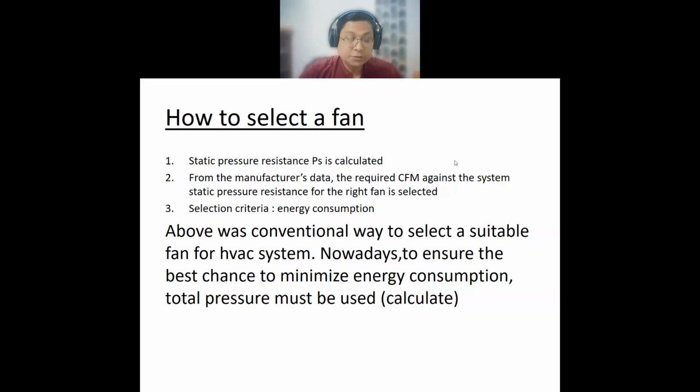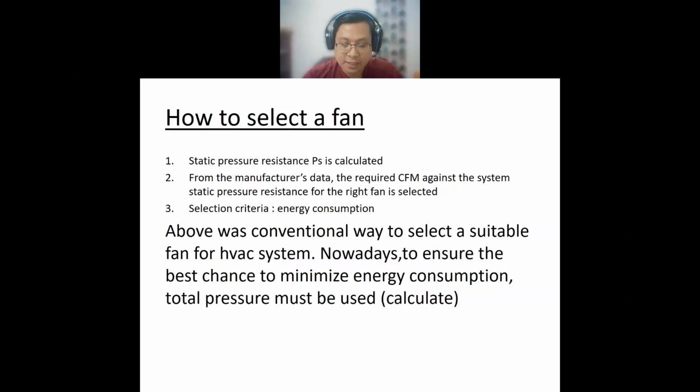Okay, let's continue to the next slide. Now we are talking about how to select a fan. The slide already gives the criteria for how we can select the fan. The first one is that the static pressure resistance, PS, is calculated.